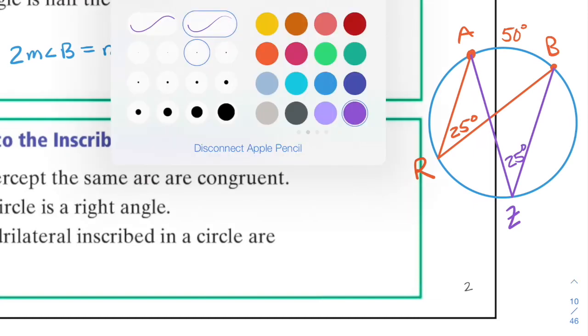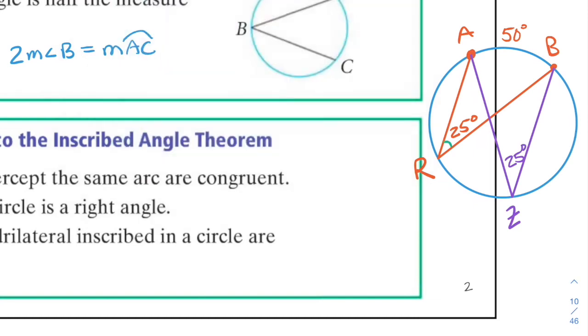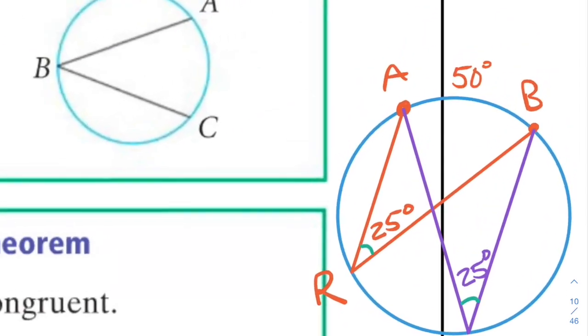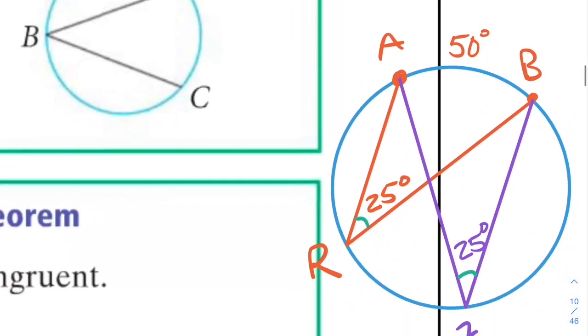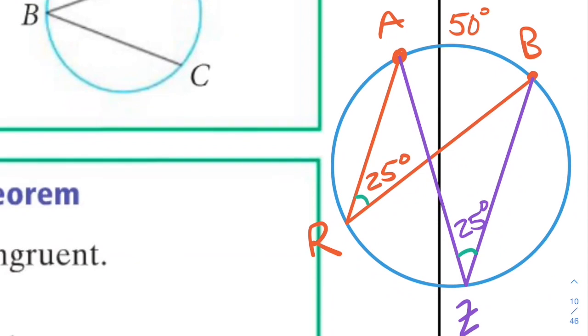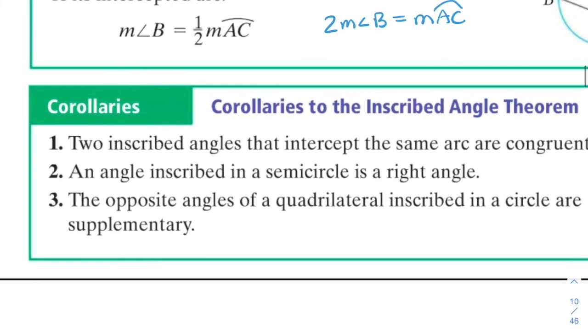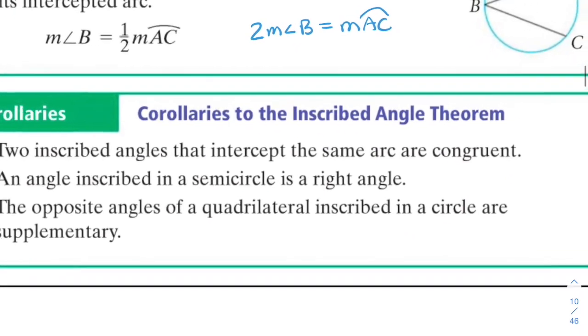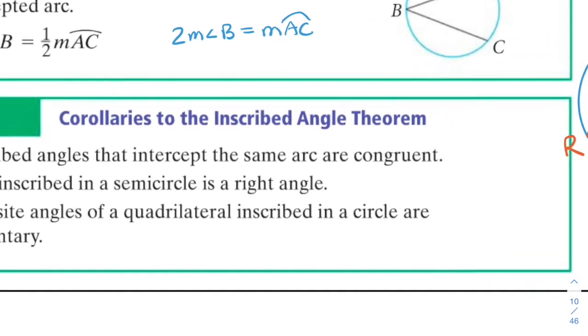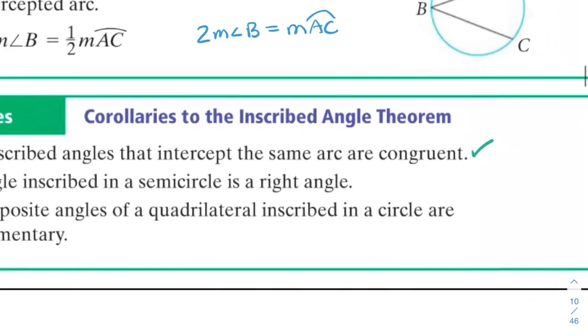So what do I know? I know that ARB is congruent to AZB because they both intercept arc AB. This intercepted arc right here is the same arc for both. And that's the corollary: 2 inscribed angles that intercept the same arc are congruent. That's the proof for that one.